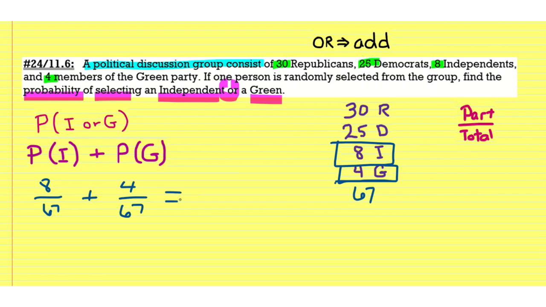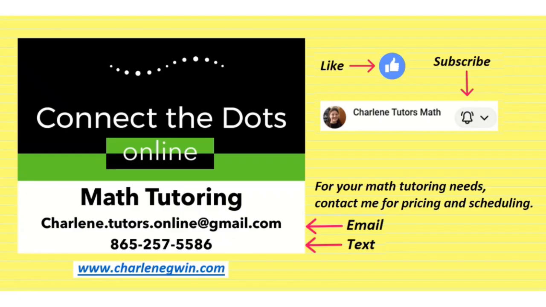And that is going to add up to 8 plus 4 is 12 out of 67. So this means that the probability of selecting an independent or a Green Party member is 12/67, or 12 out of 67. That is reduced. It will not reduce any further, so we are finished.